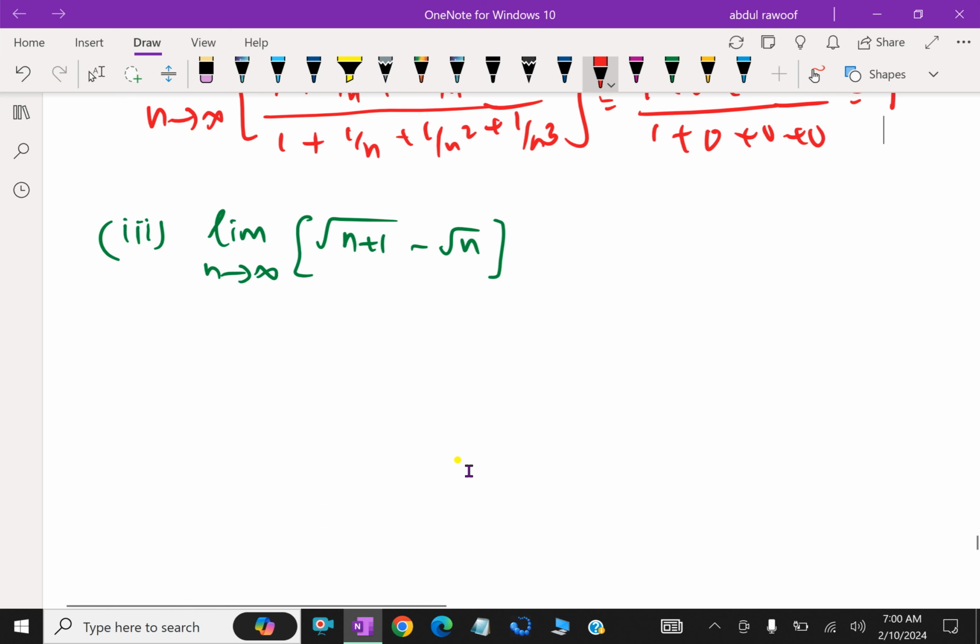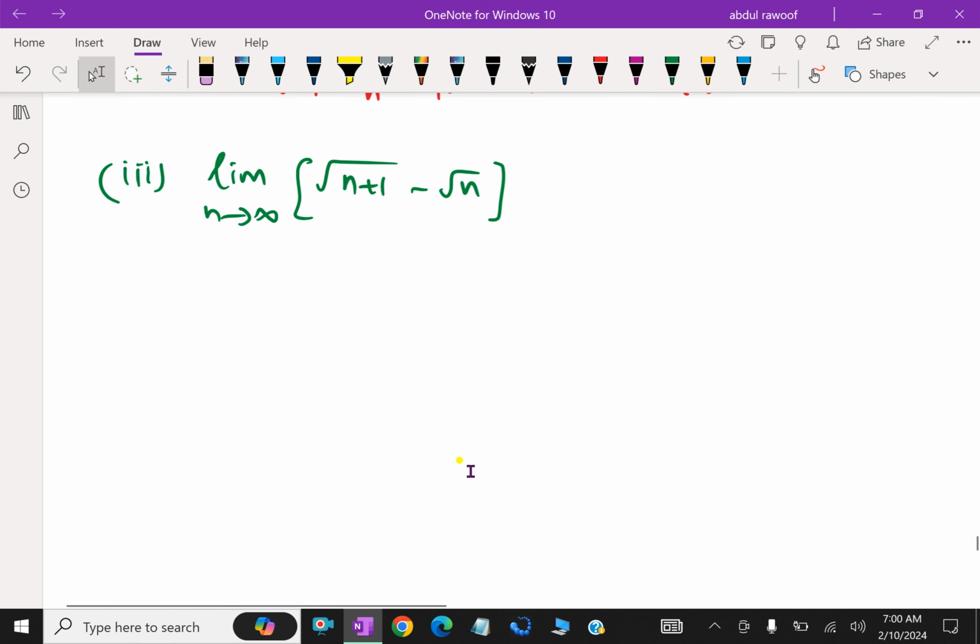The limit value is 1 for this expression. Next one, limit n tends to infinity, square root of n plus 1 minus square root of n. As it is, if you apply the limit for n equal to infinity, it will become infinity minus infinity.